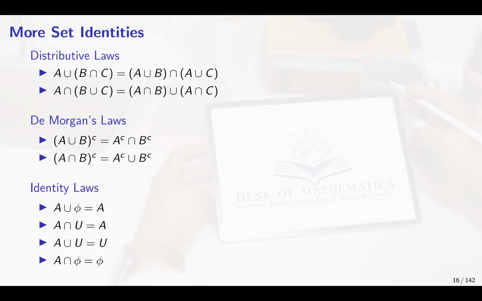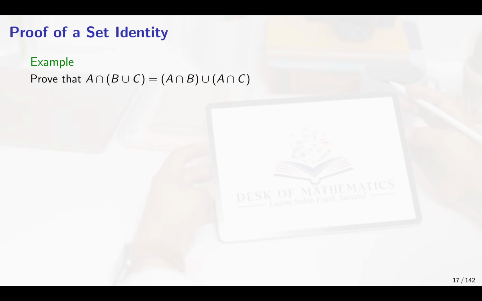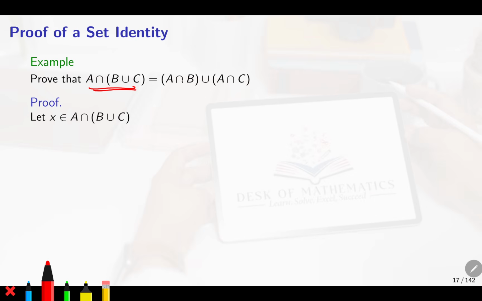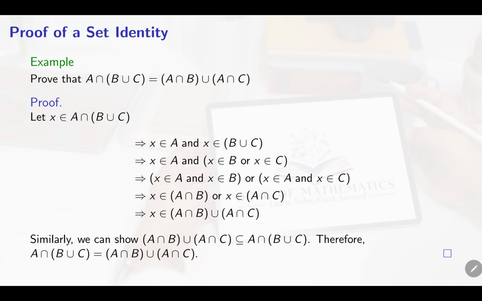So now, if you have to prove the associative law, sorry, here it is the distributive law. What will you do? You will take an element from this side and show that it is in the other side. We take an element from A intersection (B union C). Taking the intersection gives you the AND, and B union C gives you the OR.